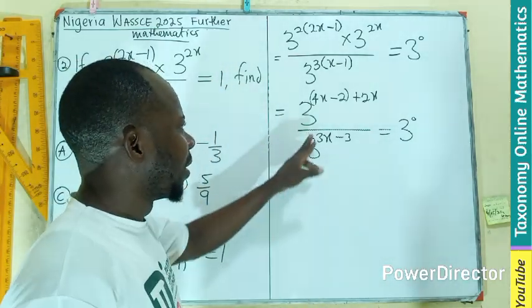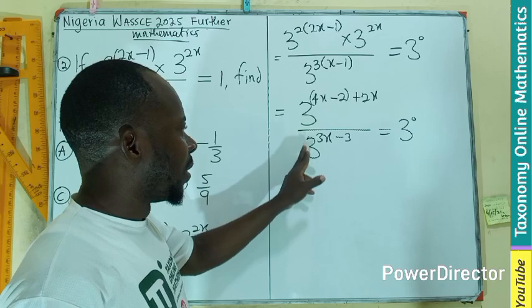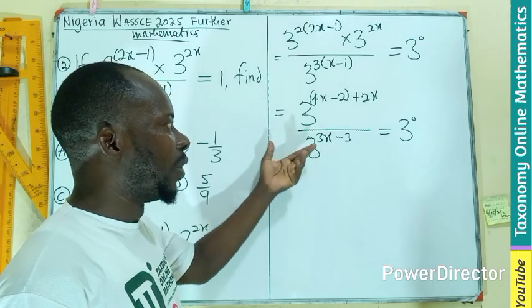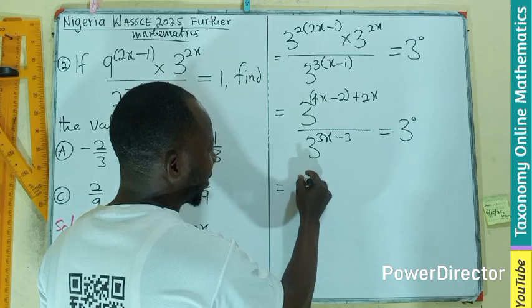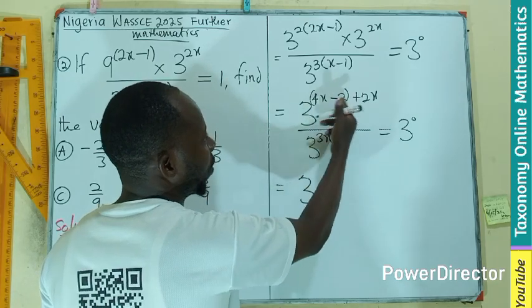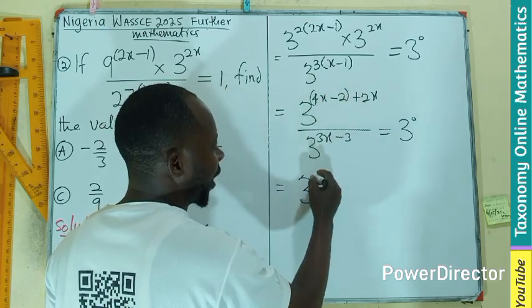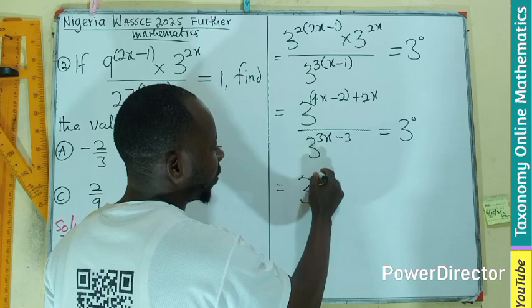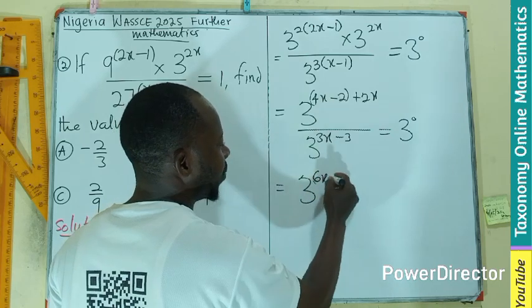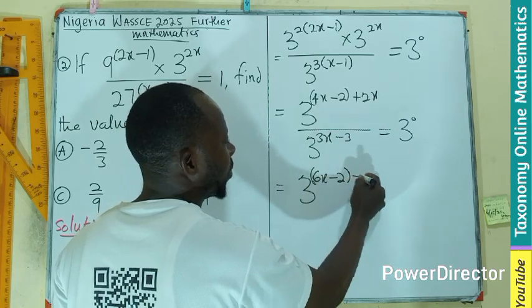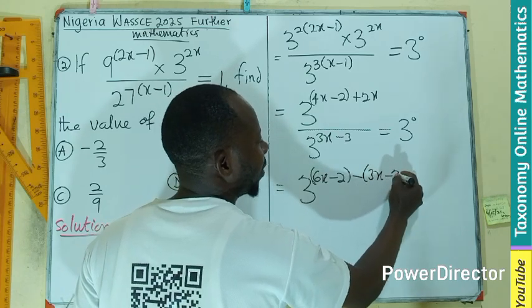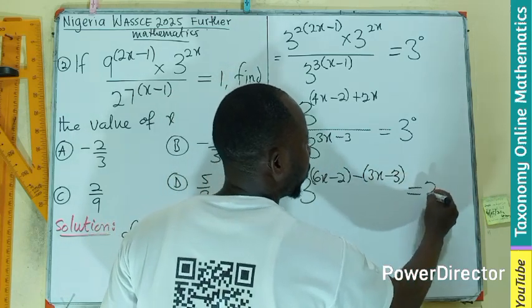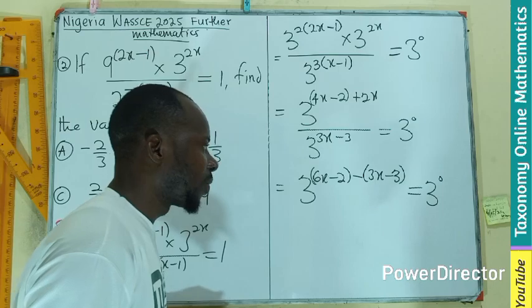I can see that this is the same base, as we divide, so I am going to perform subtraction of the powers. So this implies that 3 exponent of, remember 4x plus 2x will give you 6x, then minus 2, minus here as 3x minus 3, all equals to 3 exponent what? 0.